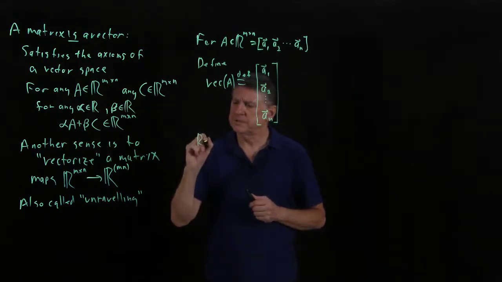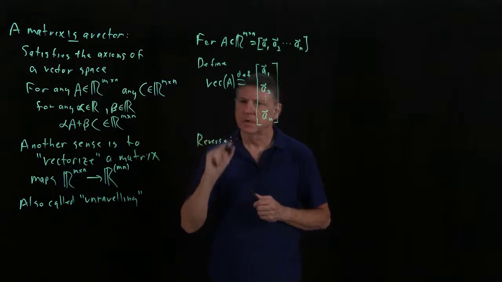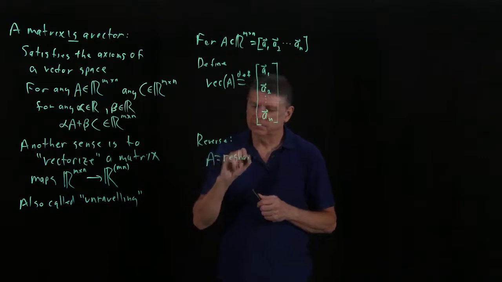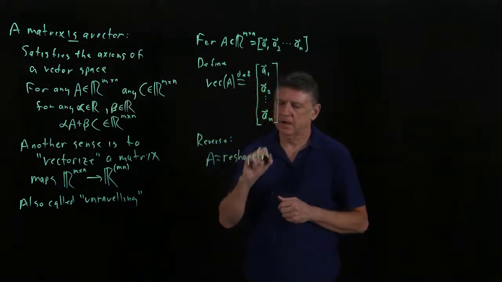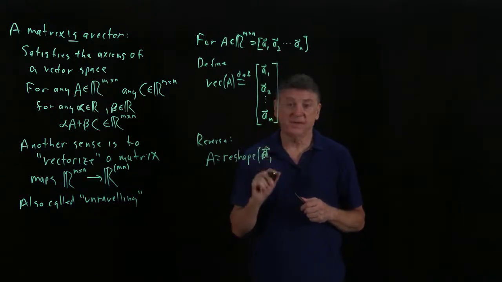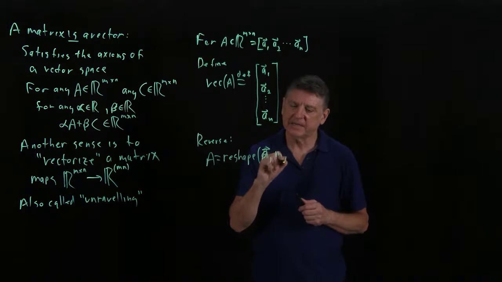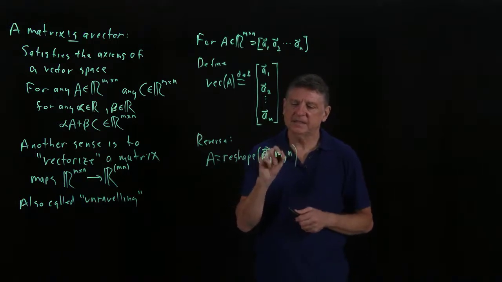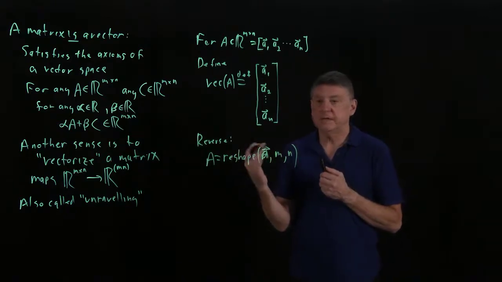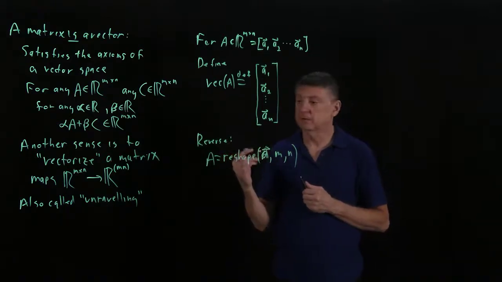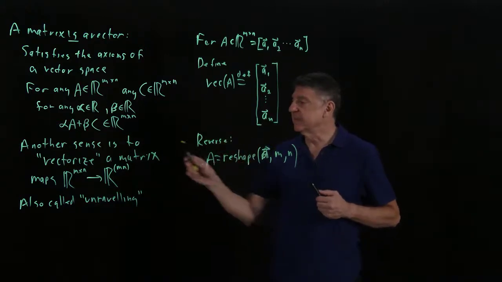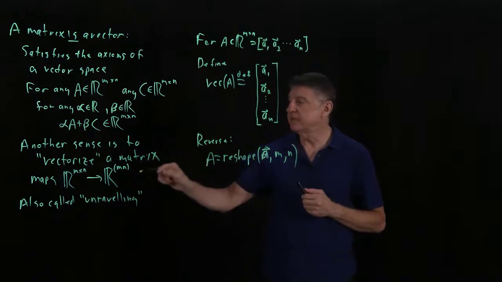Now, to reverse this, we can say A is the result of the reshape of the vector A, and we have to tell it that it has m rows and n columns. Let's observe immediately that this is not a mathematical inverse, which is why I'm referring to it as a reverse. The reason is that vectorization is a many-to-one map.